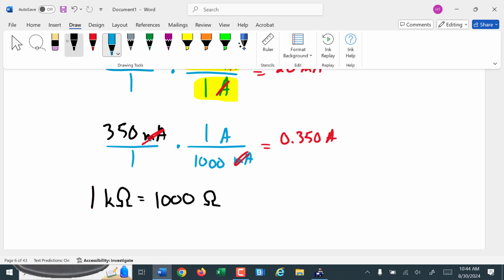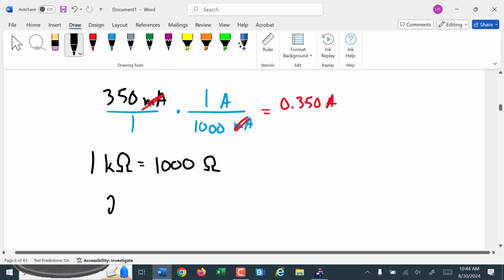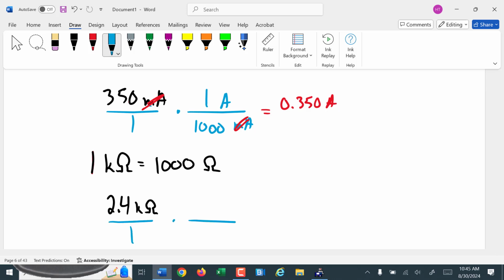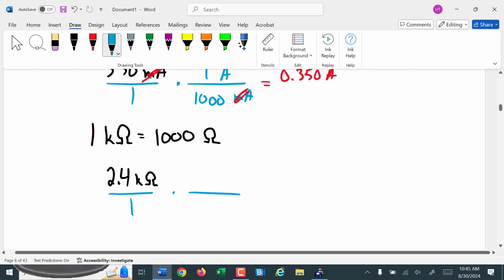Similar conversion works with our ohms. 1 kiloohm equals 1,000 ohms.